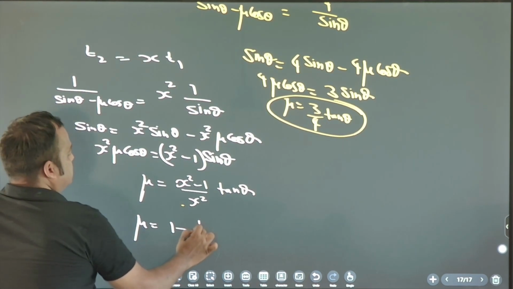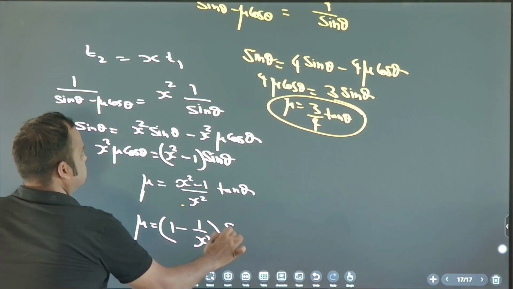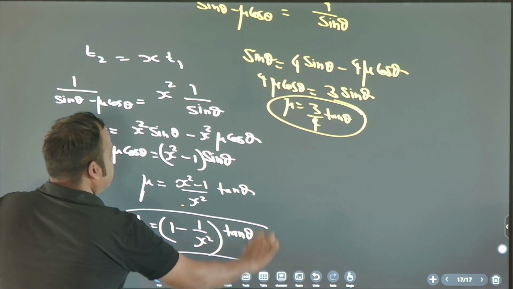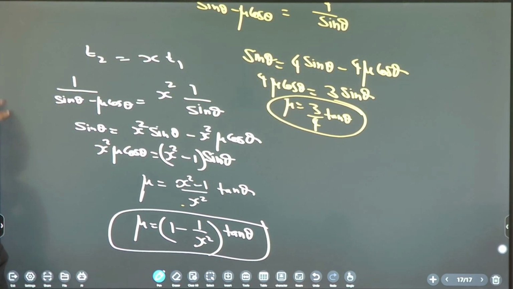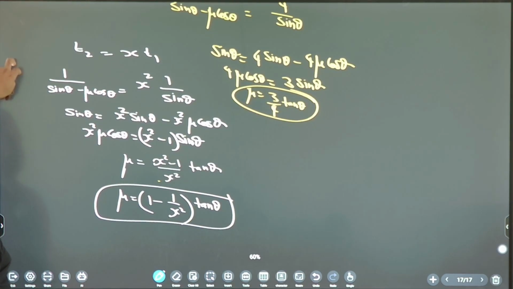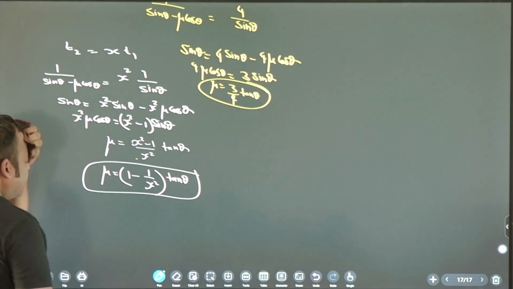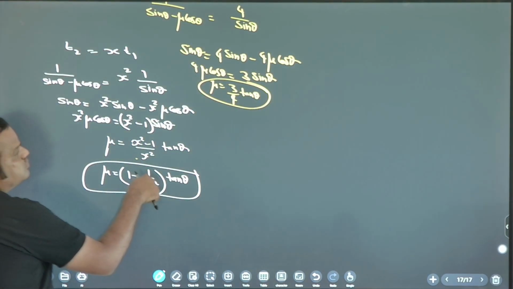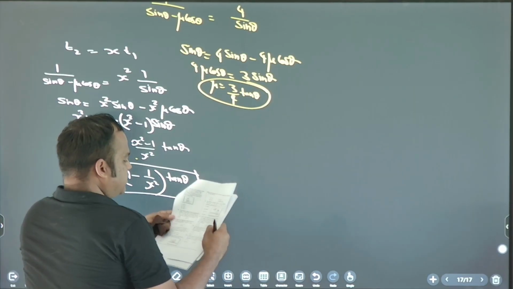Next. In your formula diary, you can write down this. If on rough surface time is 2 times that on smooth surface, so x will be 2. So 1 minus 1 by 4, 3 by 4. Okay, tan theta is given.